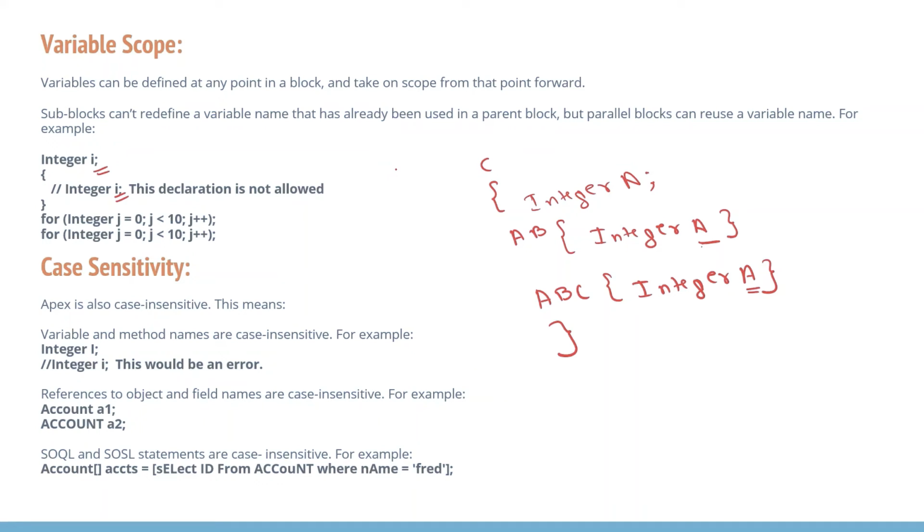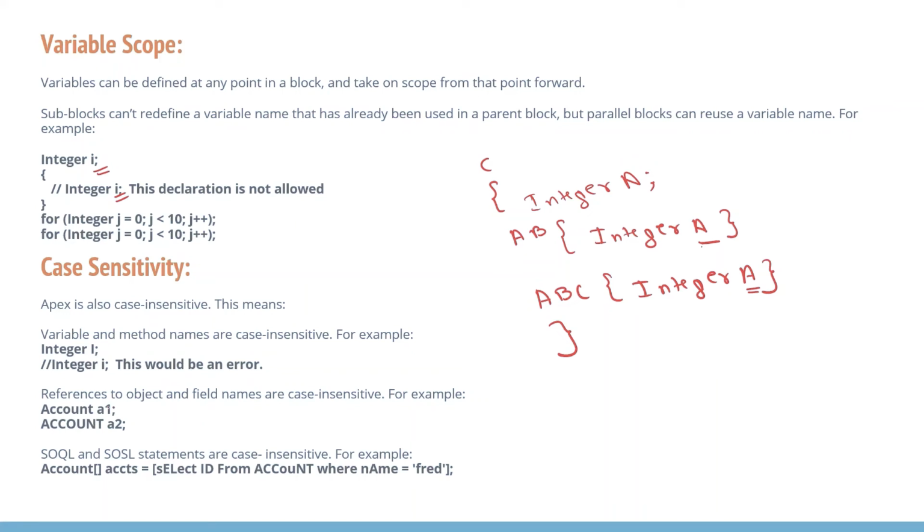Case sensitivity. Apex is case insensitive. This means variable and method names are case insensitive. For example, integer i can be uppercase or lowercase, but it will have the same meaning. References to object and field names are case insensitive.